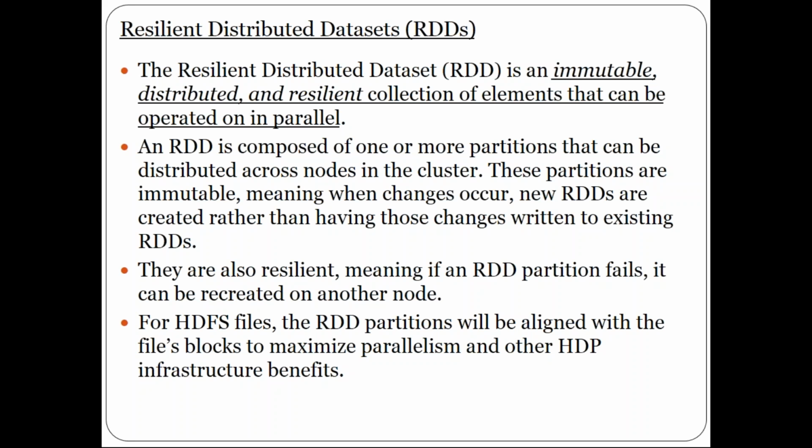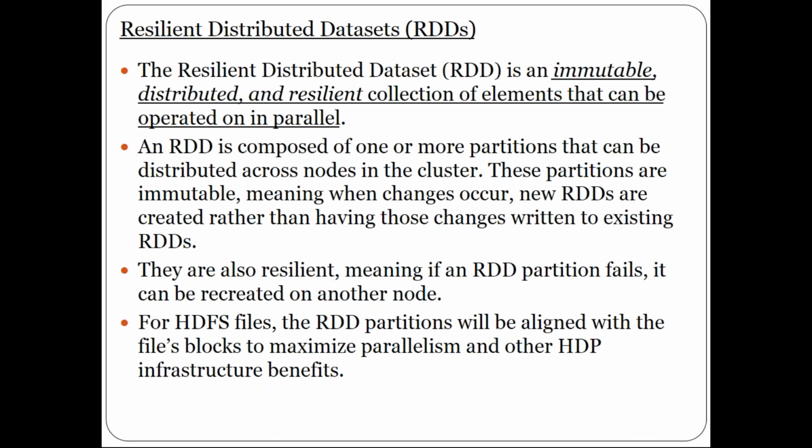RDD partitions being aligned with the file blocks means, for example, if you have one file divided into 3 blocks, based on the locality of your blocks, you have mappers. Based on the availability of the blocks within the nodes, you have partitions, which we will discuss in the next slide. Once again, resilient distributed datasets are a collection of elements doing the work in parallel.